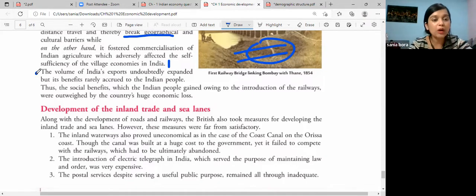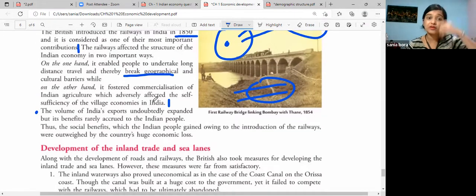So no doubt export increased, but the social benefit which Indian people gained owing to the introduction of railway was outweighed by the country's economic loss. Whatever benefit we got, export increased, plus the distance and geographical barriers broke down, but the loss India faced, the agriculture loss, the forest loss, everything, was more as compared to the social benefits.